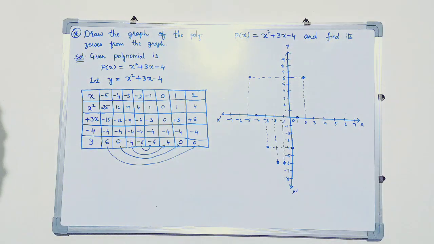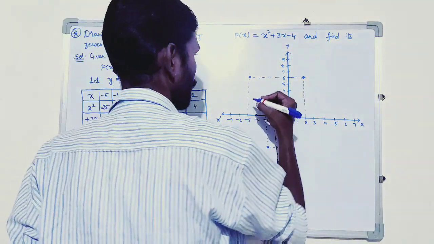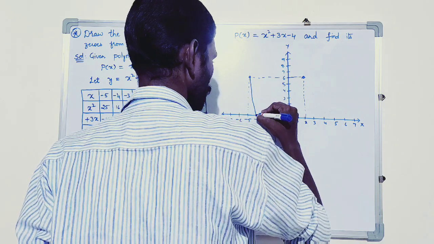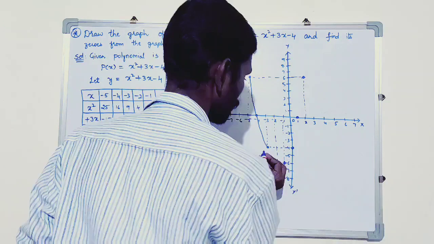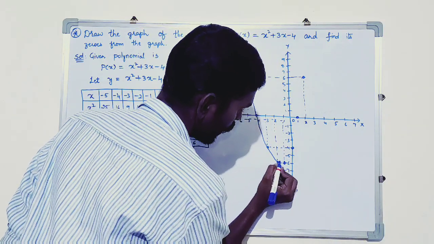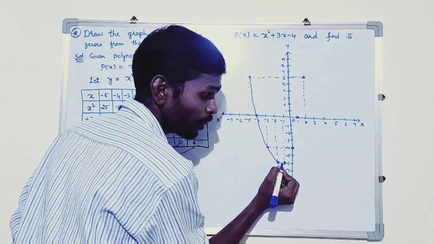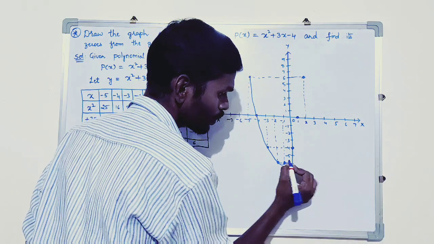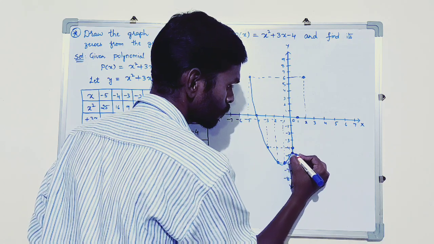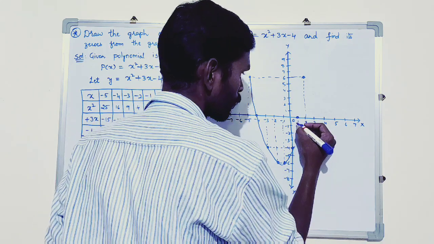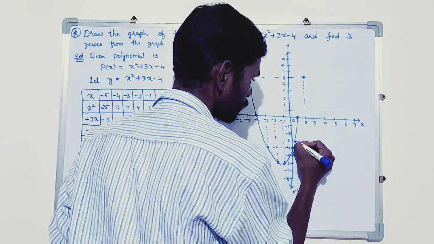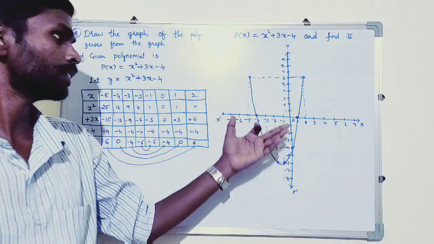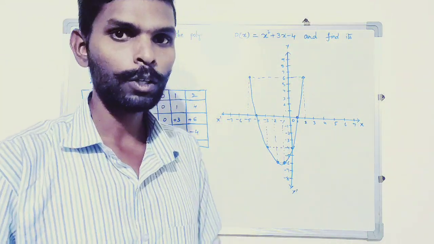After getting this, join the points with a free hand. You should not join these two points directly. You should take a curve like this and join. So this is the graph of a quadratic polynomial.